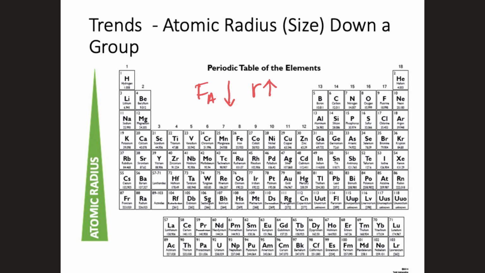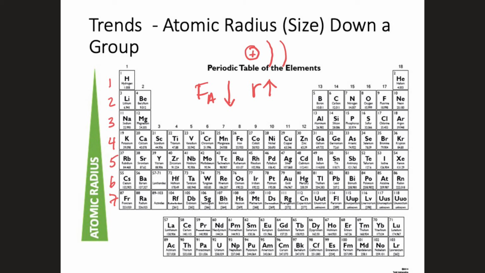Well, let's just put a little nucleus here, plus. That's going to represent our positive nucleus, right? And every time we go down a group, we add another energy level. So the first energy level would be 1, and then we have 2 rings, 3 rings, 4 rings, 5, 6, and 7.